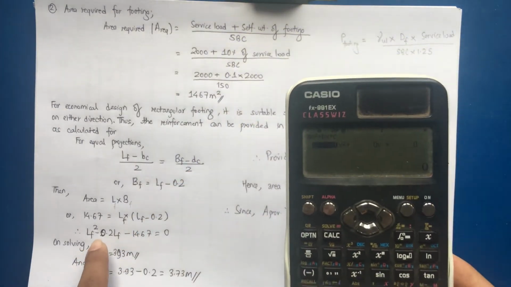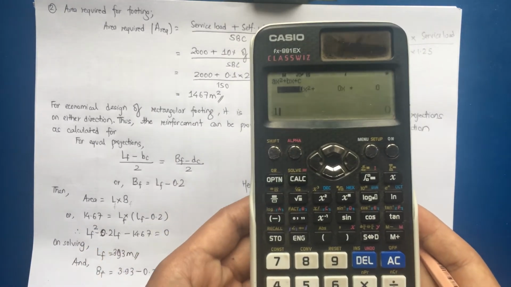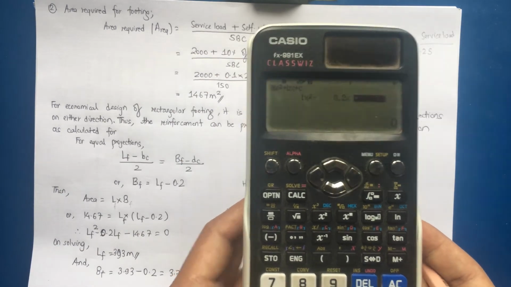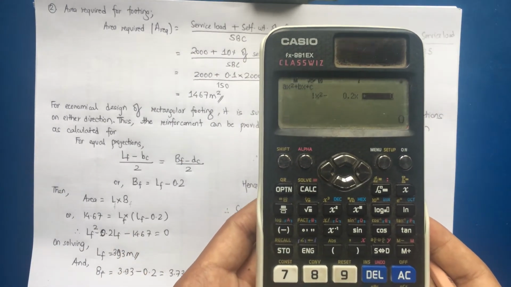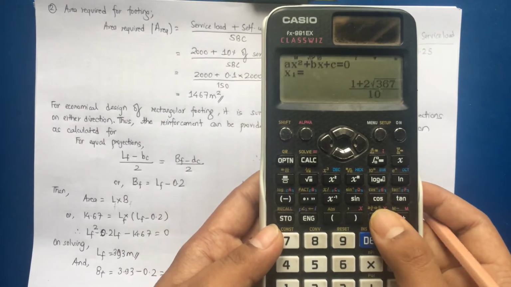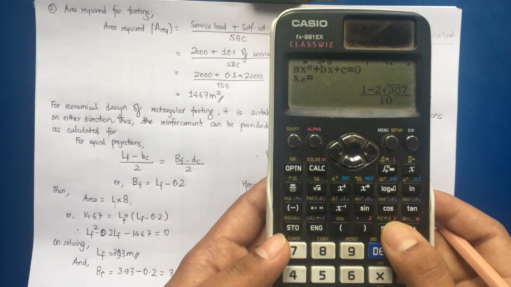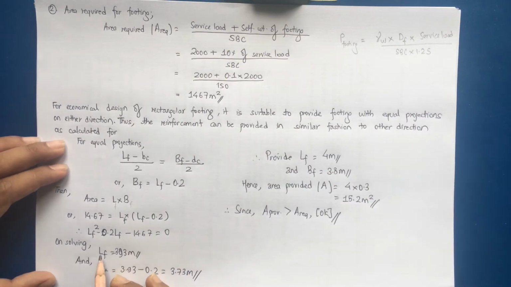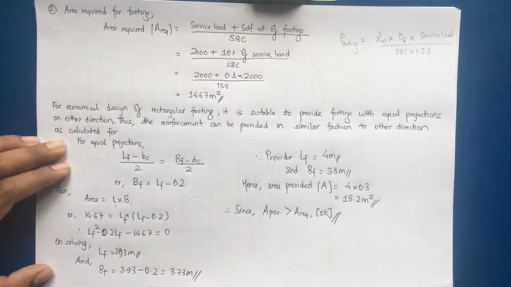We have LF square, so A is 1, B is minus 0.2, and C is minus 14.67. This comes as 3.93 and the other value will be negative. So 3.93 is the required length, and BF will be 3.93 minus 0.2, which comes as 3.73 meter. So the required length and breadth are 3.93 meter and 3.73 meter.